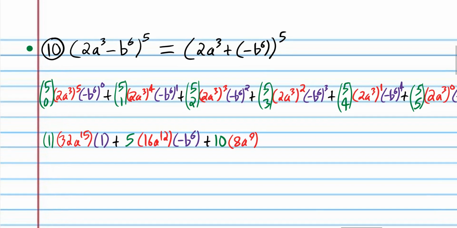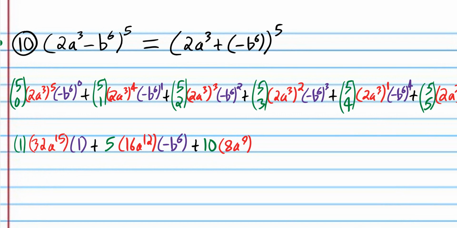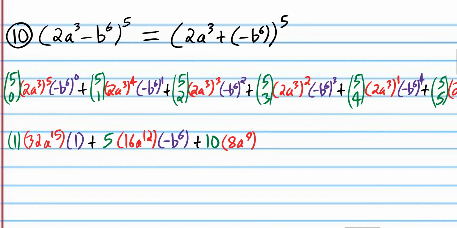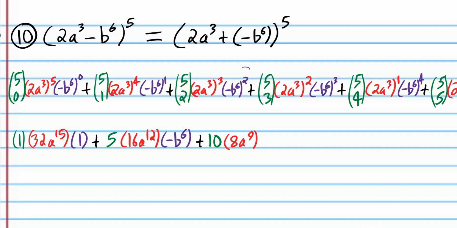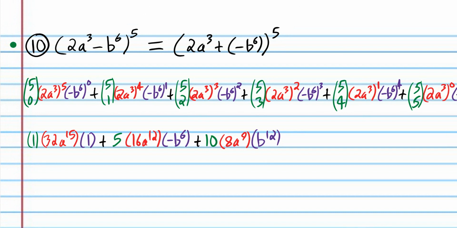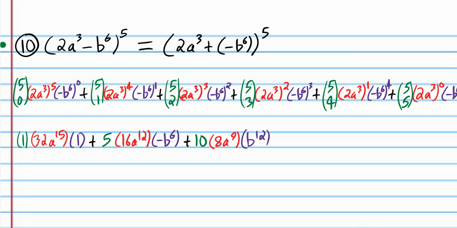And it's very important that you use the exponent rules properly here. We're raising a negative number to the 2nd power. That's going to be even, so it's going to be positive b to the 12th power. All right. But when we raise negative b to the 3rd power, it's going to be negative because we're raising a negative to an odd power.